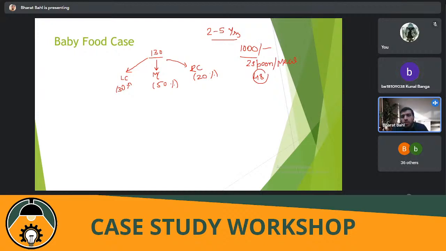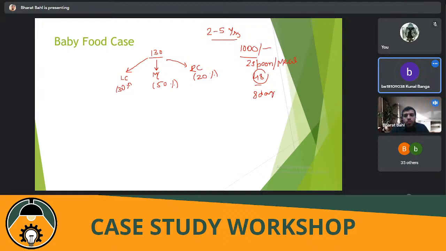Every meal, you need to eat 2 spoons. You can consider there would be 3 meals per day, so in total it would be 6 spoons. If we are consuming 6 spoons per day, then 48 spoons will be consumed in 8 days.